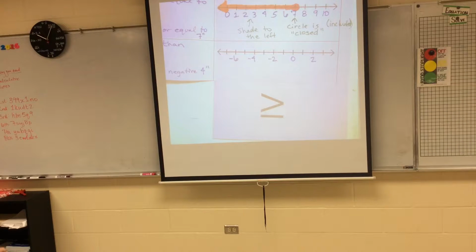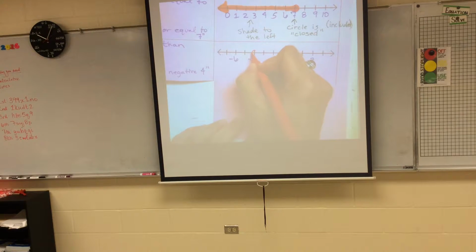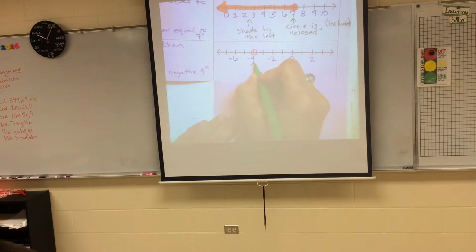Good question. All right, so if we have x is greater than negative 4, I'm going to start at negative 4. Is my circle going to be open or closed? Open. Is negative 4 included? No, it's going to be everything bigger than negative 4, but not including negative 4. So I've got my open circle. All right. Then if it's greater than, are we going to shade to the left or to the right?